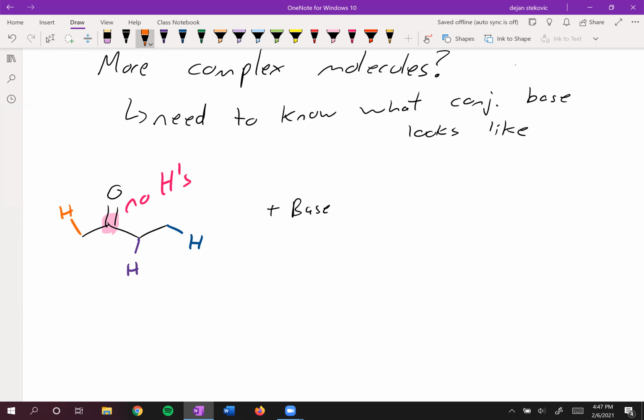But we have these three other protons. To predict which one is more acidic, we first have to think about what our product is when we remove any one of them. If we took a base and deprotonated from here versus here, we would get three unique products.